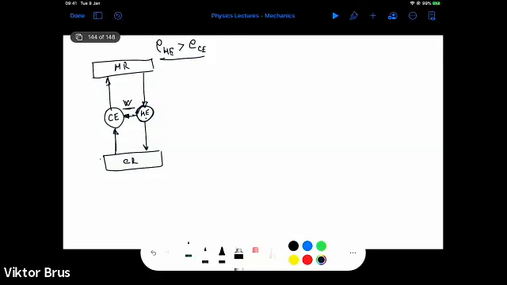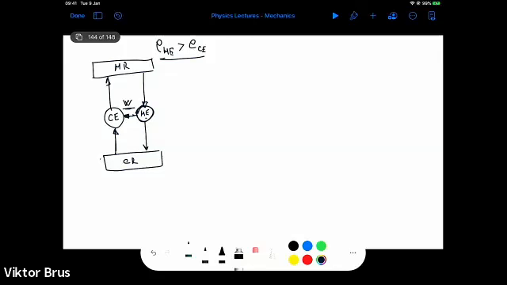Then we will consider work done during each of these processes and calculate the performance, like efficiency, derive an equation of the efficiency of Carnot engine.